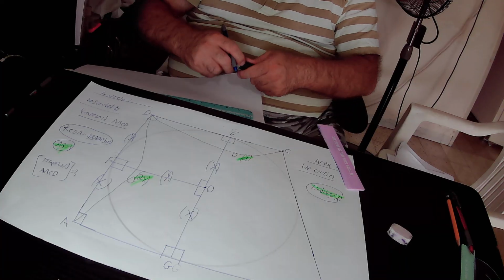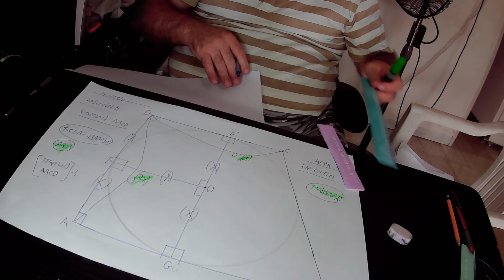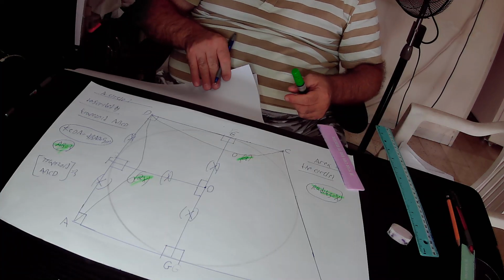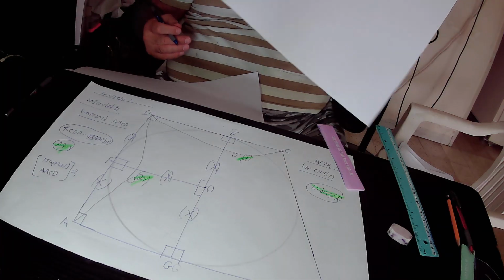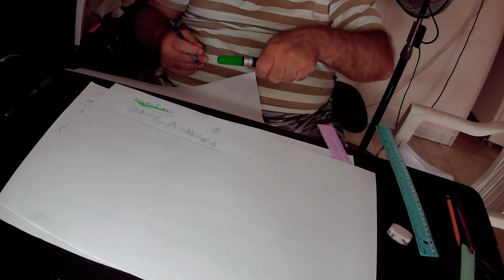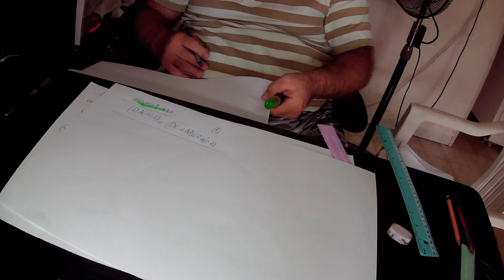We have already proved that in trapezoid ABCD, DA plus CB equals DC plus AB.